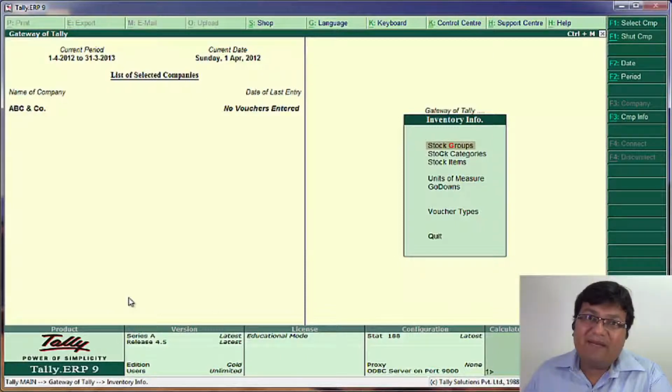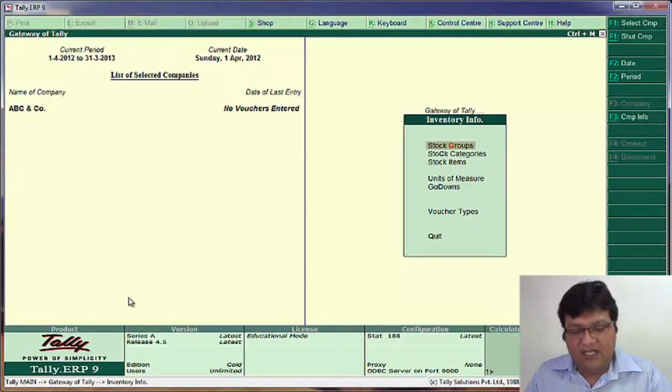You may be dealing in multiple types of stock items which have different nature and characteristics. Okay, let me repeat this again. You may be dealing in stock items, materials which have different categories and characterizations. They may have different features.